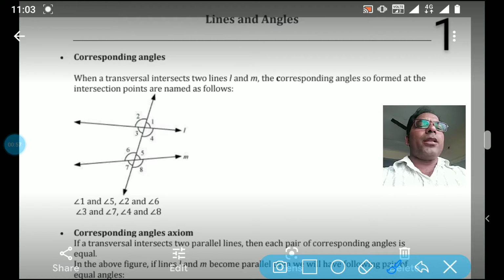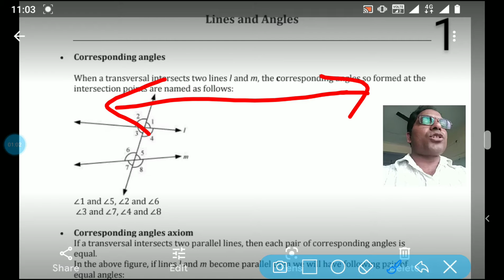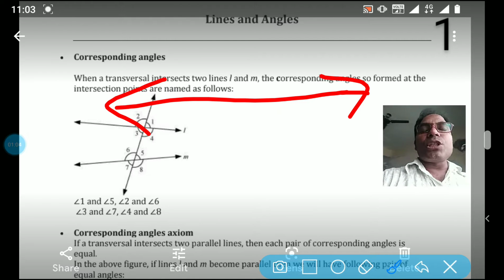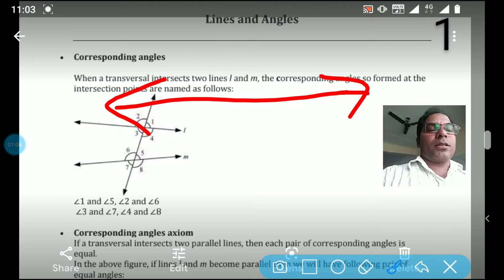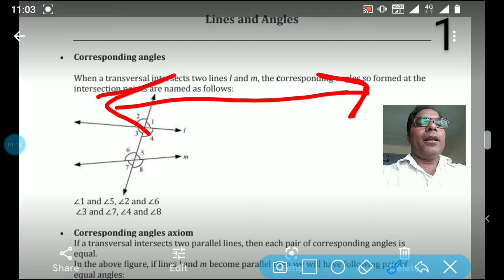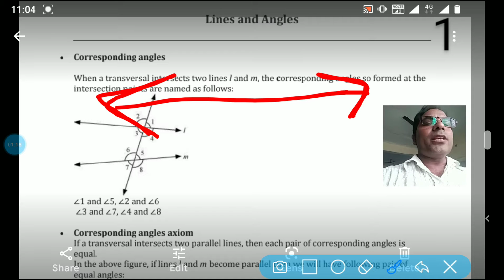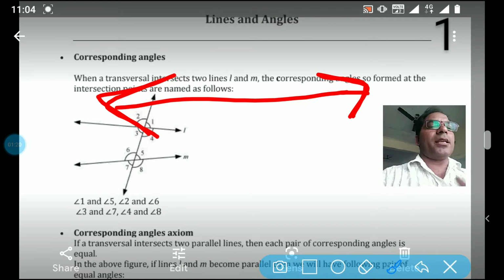A line, students, is something we can extend on both sides, and it does not have any fixed point. The line has been drawn, and you can see both side arrows, one on this side and one on this side, and we can increase this line on both sides, left side as well as right side.